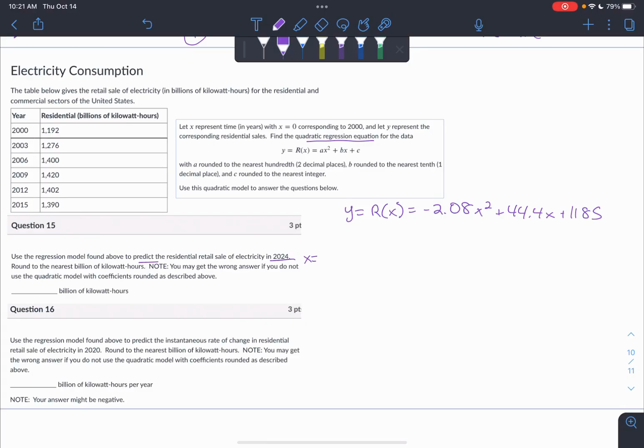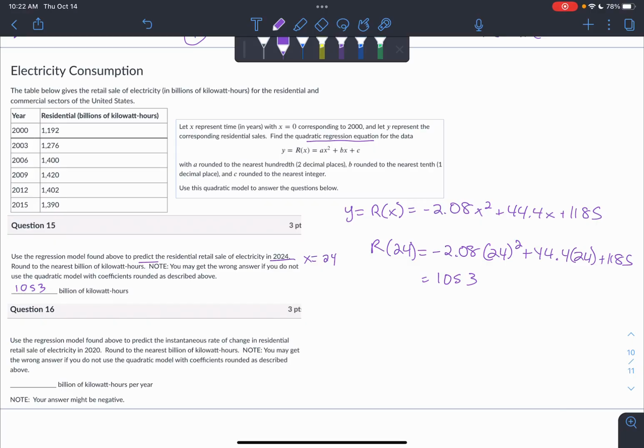So our x in this case is 24. So let's find our R of 24. So just plug in 24 wherever you see an x. All right, and this should come out to be 1,053 billion kilowatt hours.